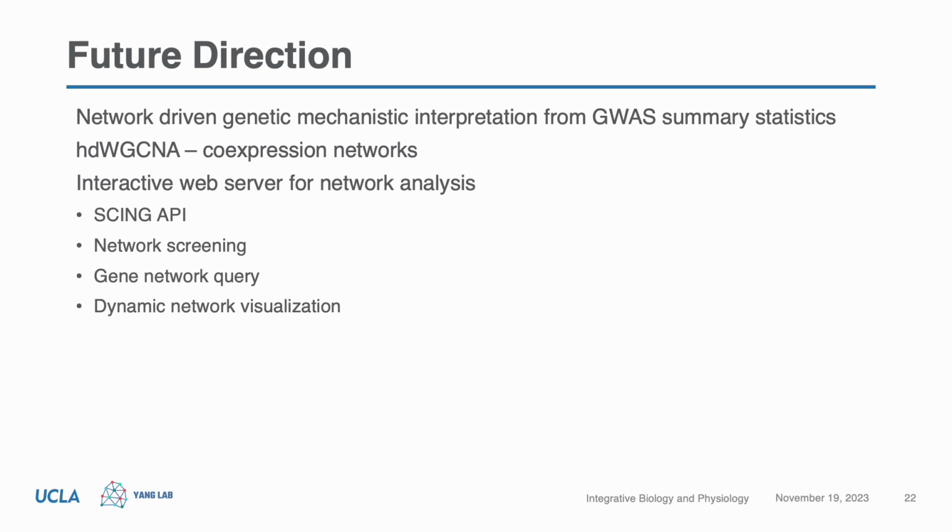We want to include co-expression networks and other types of networks in our database, using methods like hdWGCNA, and then also build a web server to host these networks and analytical tools, and to make visualizations that are very user-friendly and that really cater to the needs of bioinformatics research.